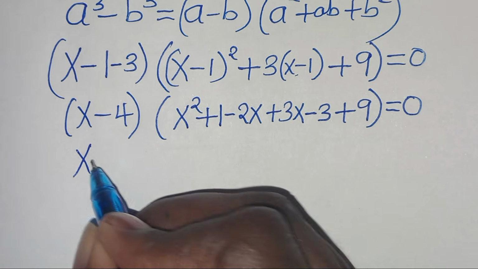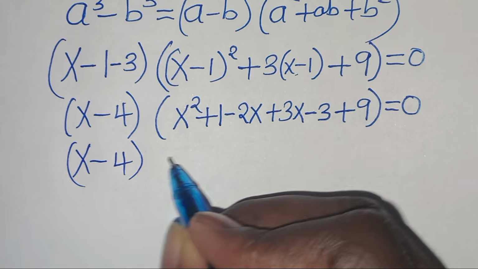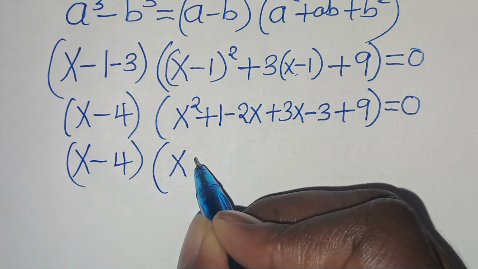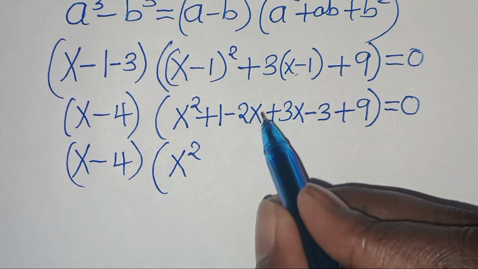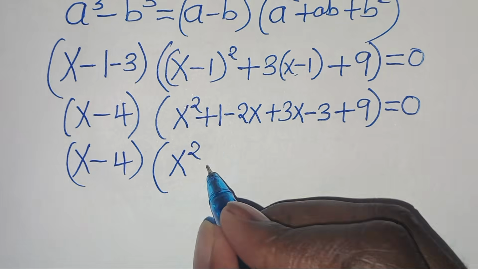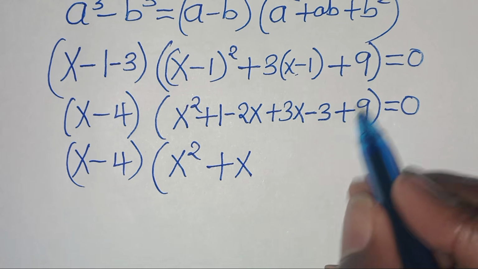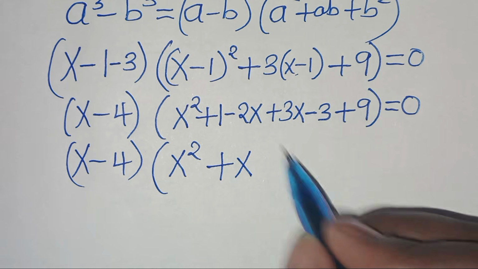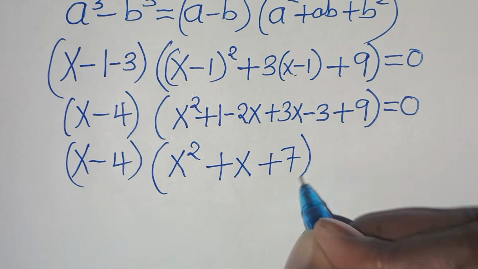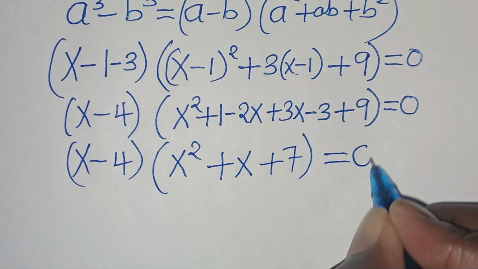So this is x minus 4, here we have x squared, minus 2x plus 3x, this is plus x. Then we have minus 3 plus 9, which is 6, plus 1, so this is 7. Close the parentheses. This is equal to 0.